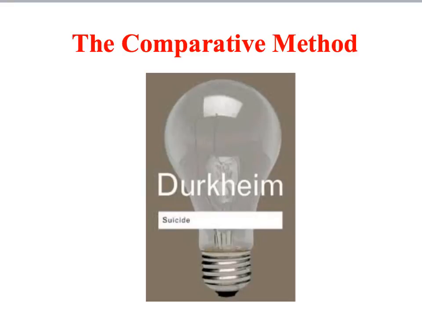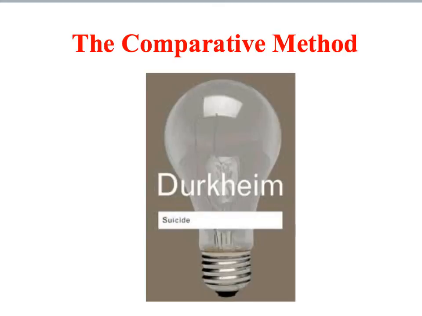Another sociological alternative to the laboratory experiment is something called the comparative method. And this is an approach to doing research that involves the same logic as the experimental approach, but using events that have already taken place, rather than creating artificial situations. So social groups, times or places are systematically compared to try to isolate variables in the same way that we would do in a laboratory experiment.